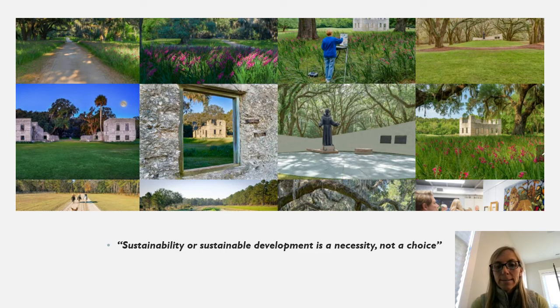And the book talks about sustainability as a necessity. Sustainability and this concept of sustainable development, of course, strives to meet human development goals while sustaining the natural systems that provide natural resources and ecosystem services upon which our economy and society often depend.